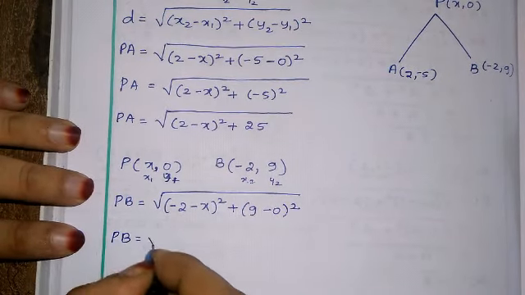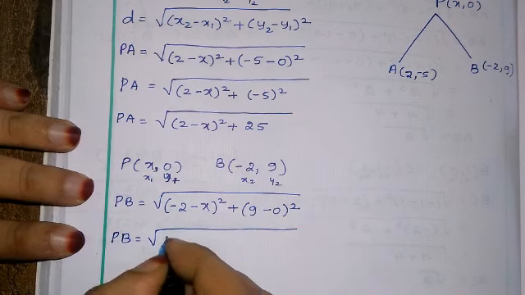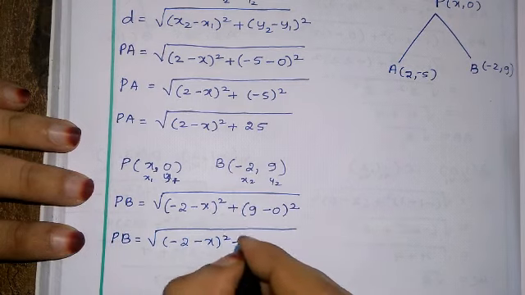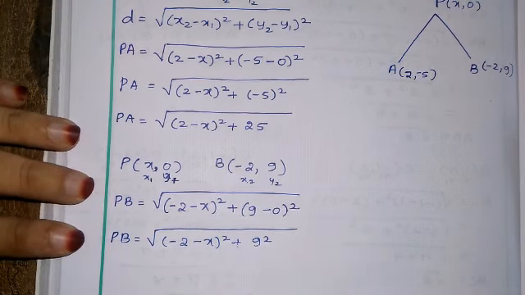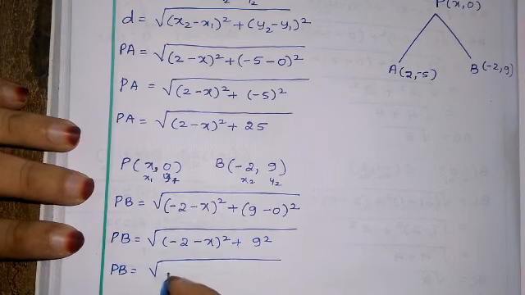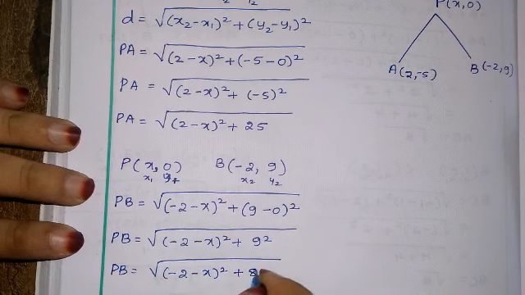PB is equal to root of (-2 minus x) whole square plus 9 square. So PB is equal to root of (-2 minus x) whole square plus 81.